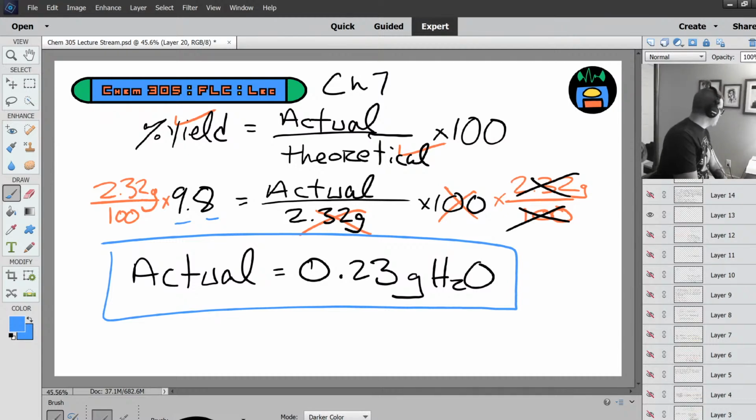All right, that was another kind of large stoichiometry problem. Taking a look at what's left.